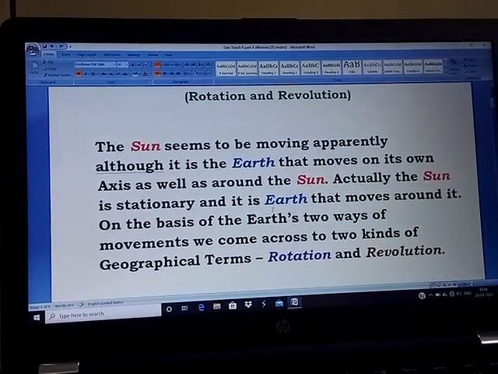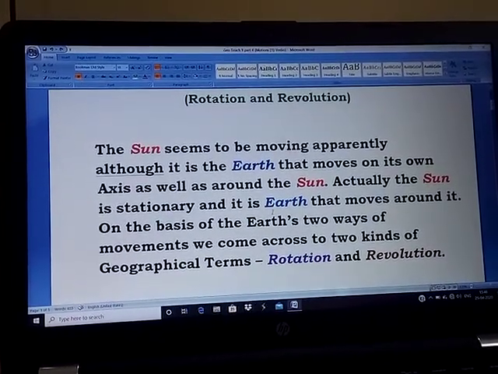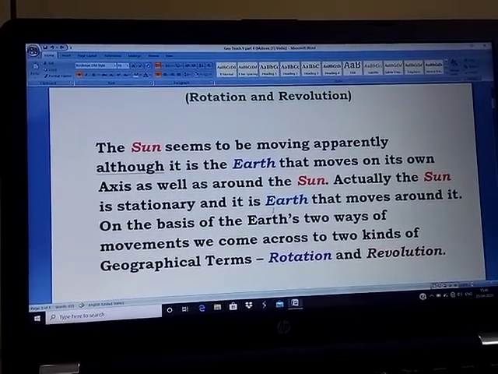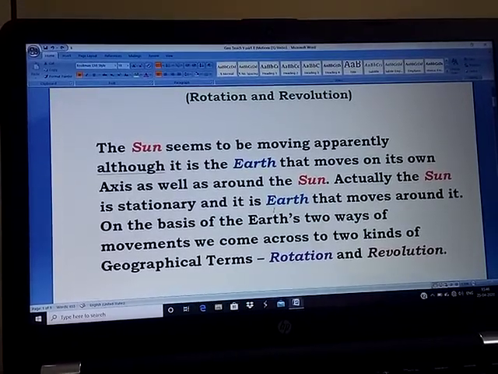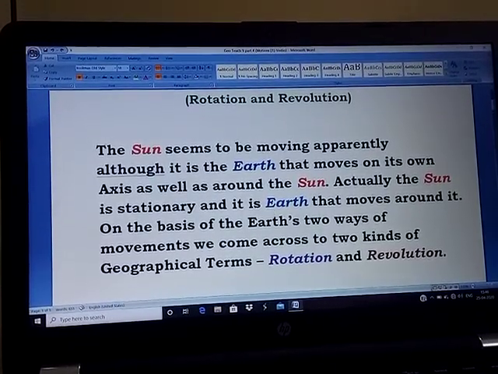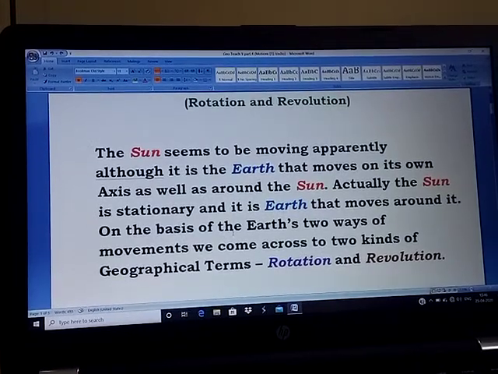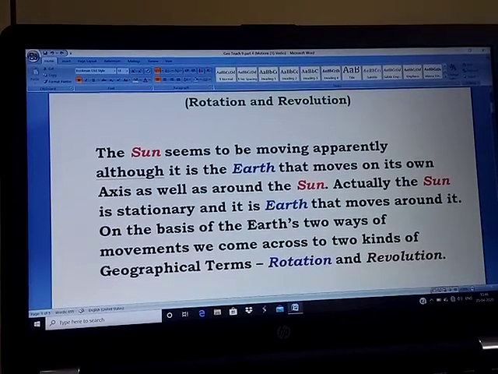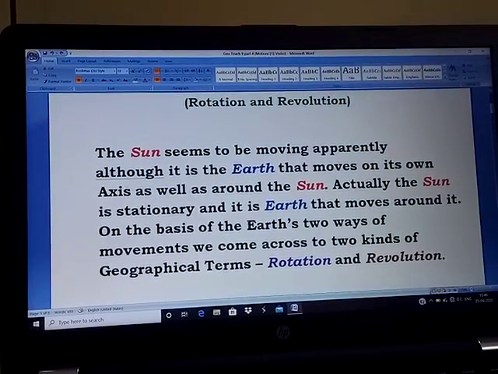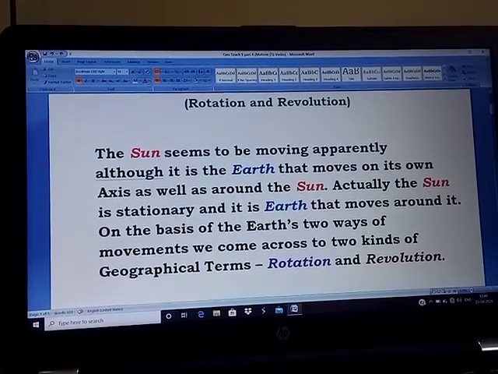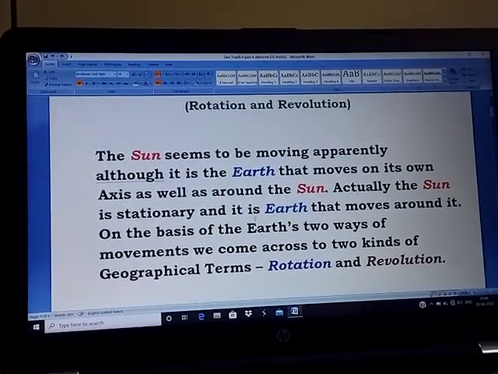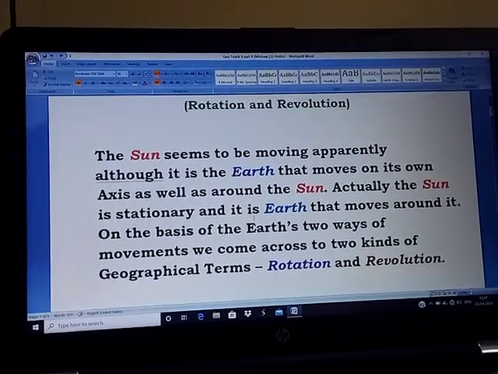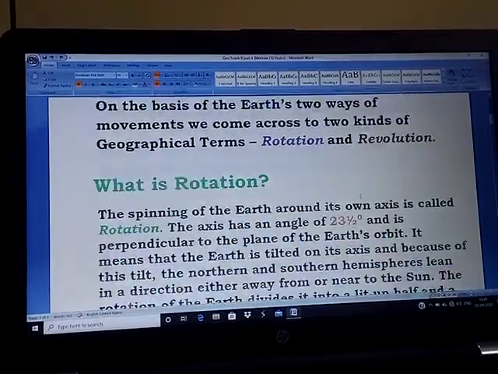The earth moves on its own axis, due to which we get day and night, and the earth also moves around the sun. The sun is actually stationary and the earth moves around it. So of the two movements of the earth, moving on its own axis we call rotation, and the earth moving round the sun is known as revolution.